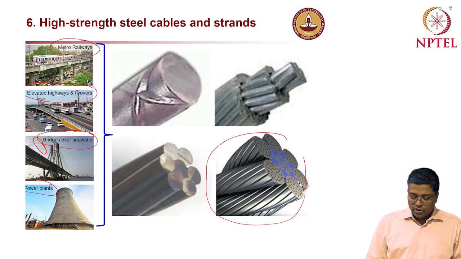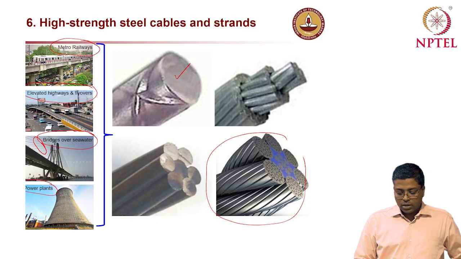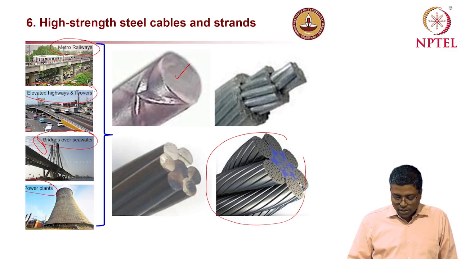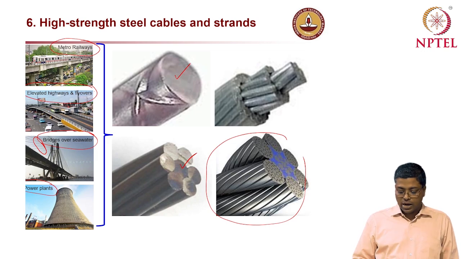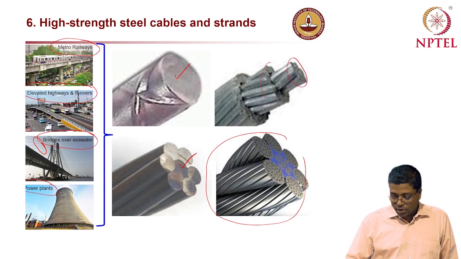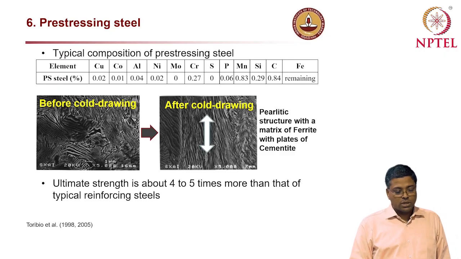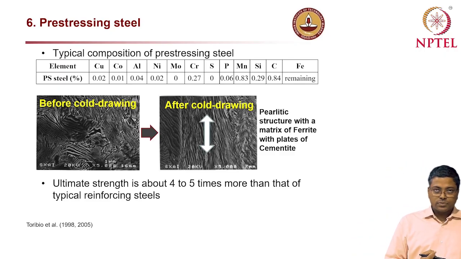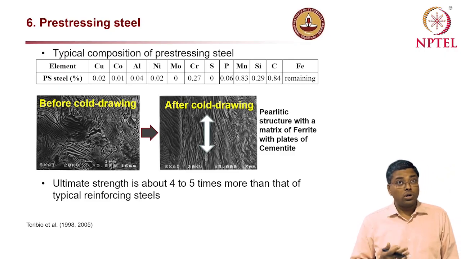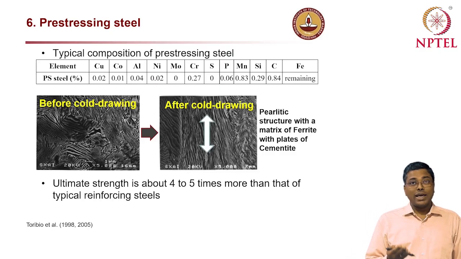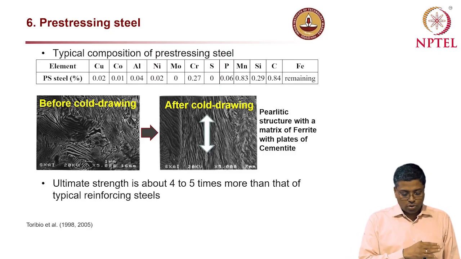So different types of cables are used, going from single solid rebar or wire depending on the diameter, to multi-wire strands, and then multi-layered cables. These are different types of steel reinforcement when you talk about very high strength requirements. Now, the pre-stressing steel is a cold drawn steel, not like the mild steel which is hot rolled.